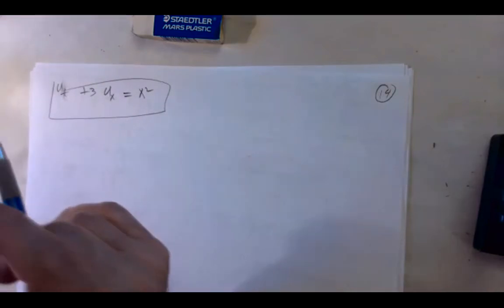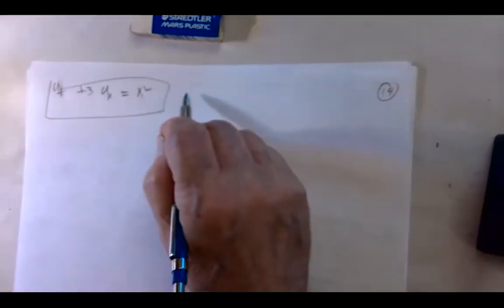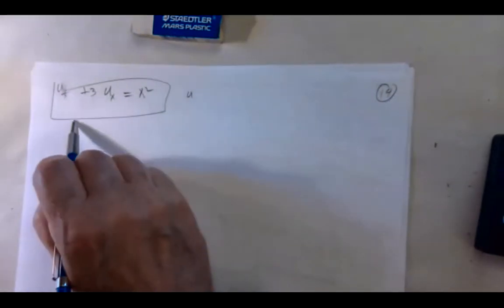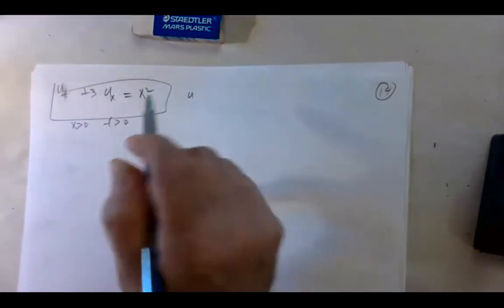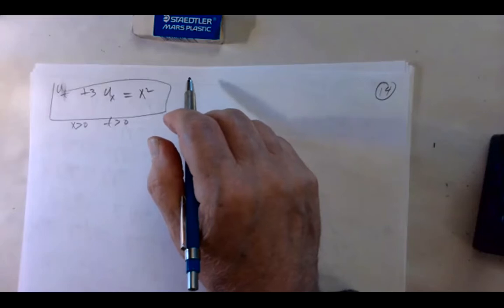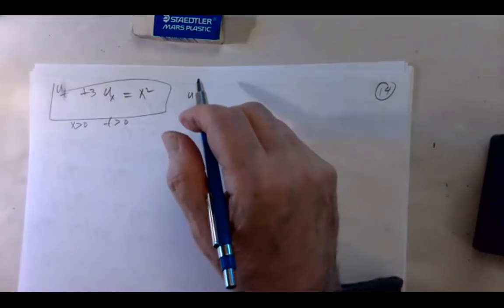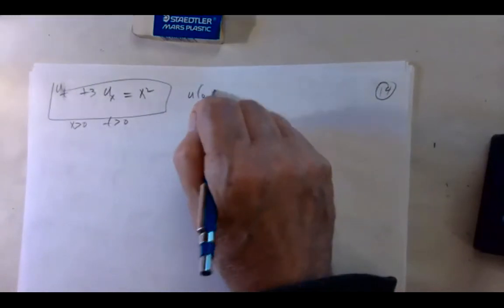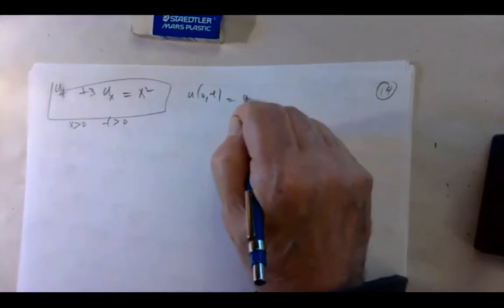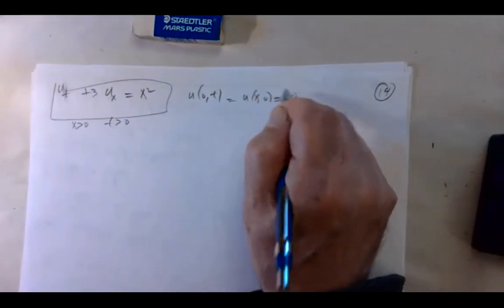And I have some initial condition. So this is going to be for x greater than 0 and t greater than 0. And I'll make it a very simple initial condition, namely that u of 0, t and u of x, 0 are always equal to 0.